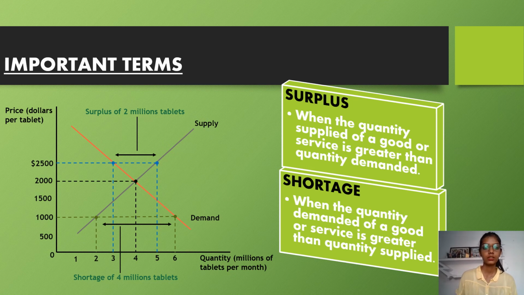As in this figure, the below arrow from 2 million to 6 million shows the shortage, or the above arrow from 3 million to 5 million shows the surplus.